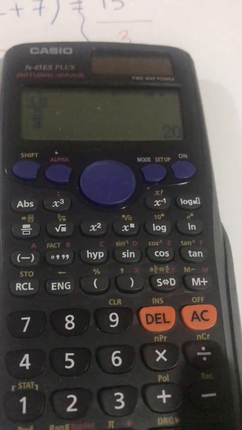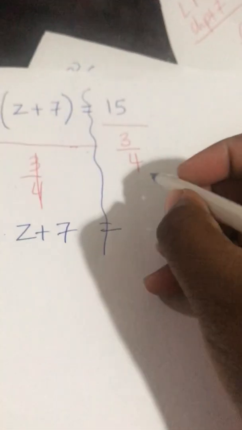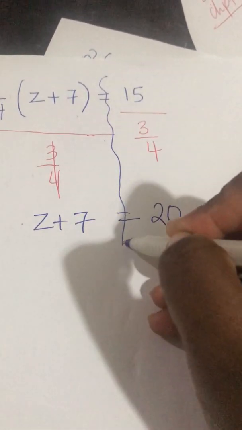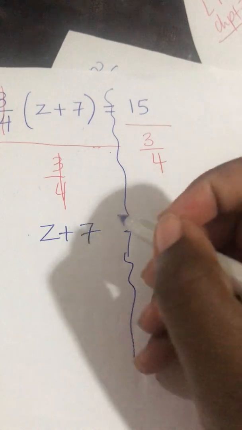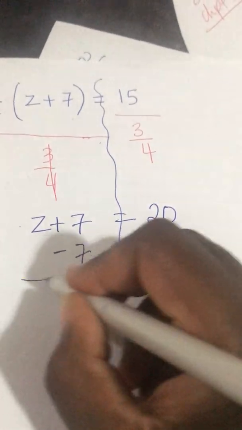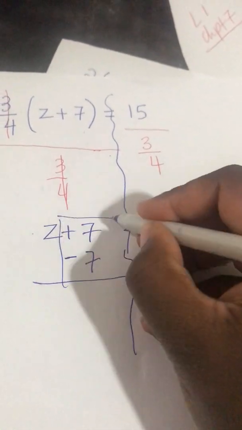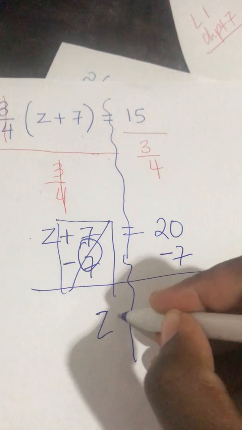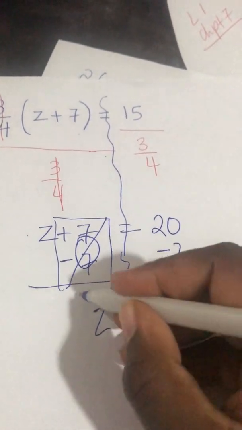You get 20. Okay? And then you continue. You do subtraction property of equality, minus 7 minus 7. Additive inverse goes away. z equals 13.